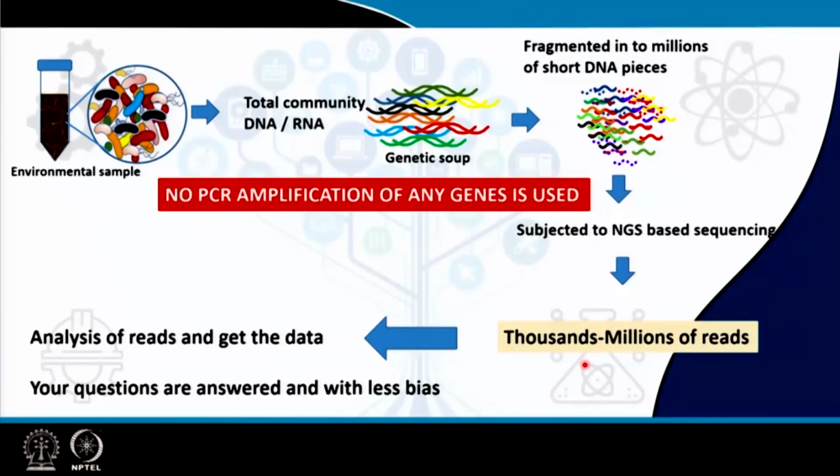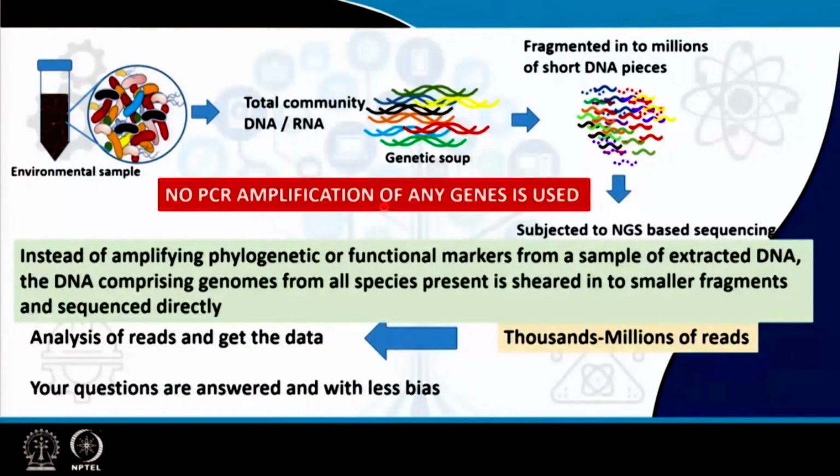So, when we analyze these reads, we will get information at an entirely different level. That will answer our questions, but with less bias, because PCR is not incorporated in this protocol.